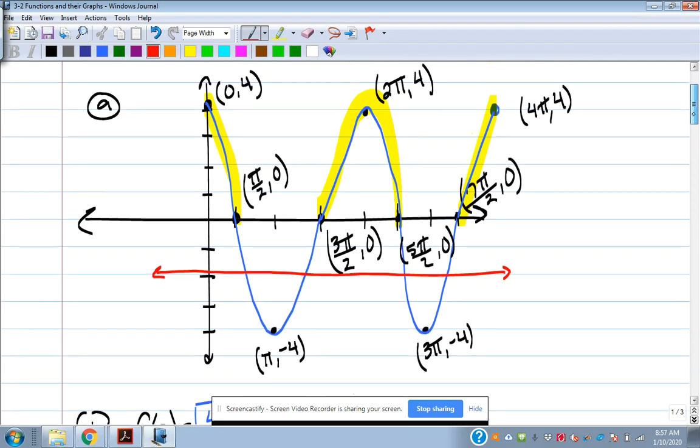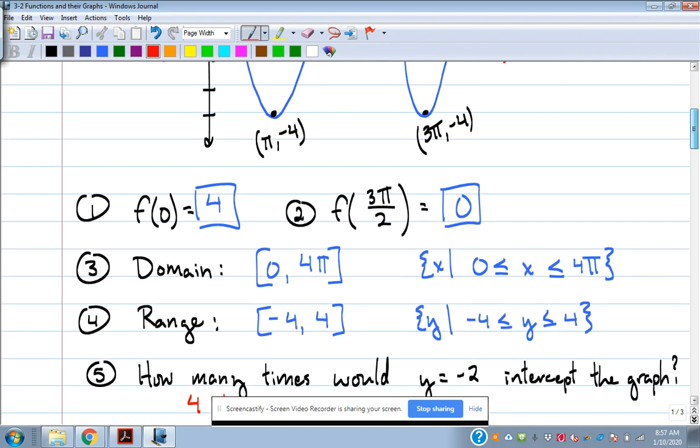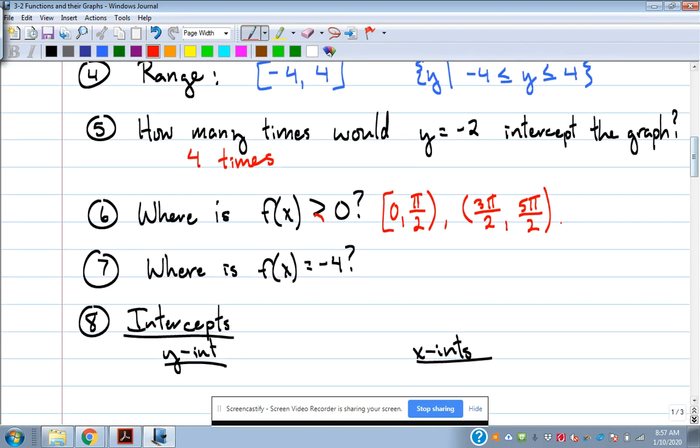And then that last little piece, what's the interval for it? 7 pi over 2 to 4 pi, and a bracket on the 4 pi. Those are the intervals in which f of x is greater than 0.